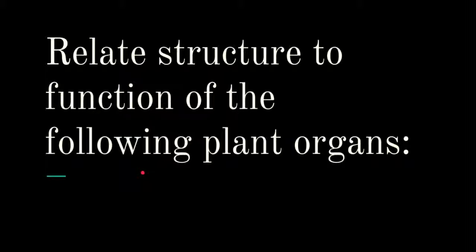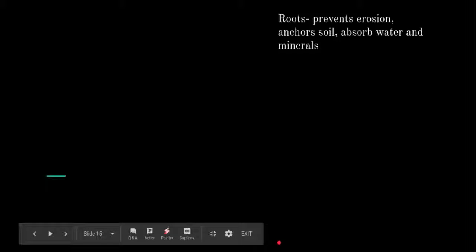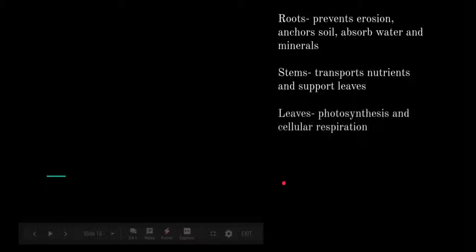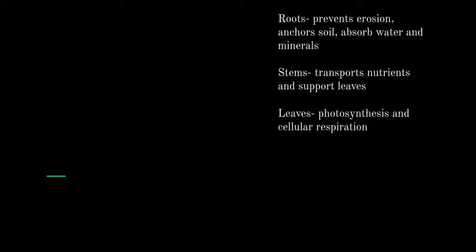The next question asks to relate structures to functions of the following plant organs. Roots prevent erosion, anchor soil, and absorb water and minerals. Stems transport nutrients and support leaves. Leaves are the ones that make photosynthesis and cellular respiration.